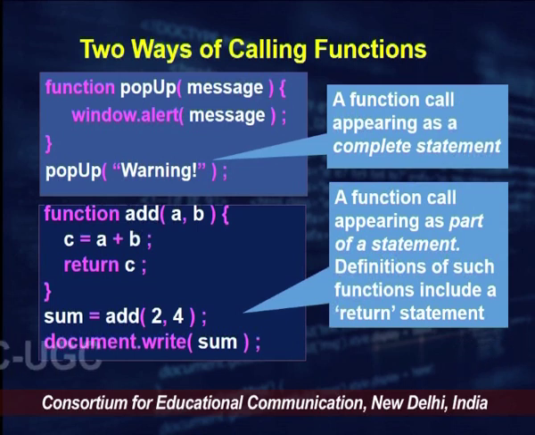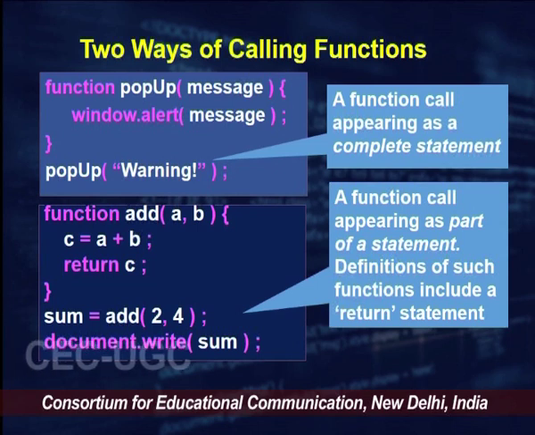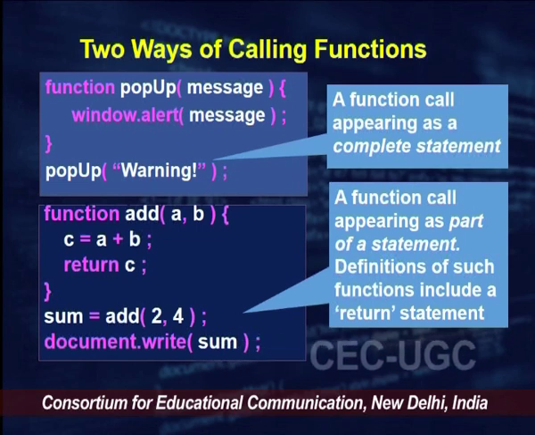This is a simple complete statement by which you are calling the function. Another way of calling a function is when the call is a part of a statement. In this case the function should always have a return value, because you will accept the value which the function returns into some variable. Like in this case we have the function add(a, b), and the function is returning a value c.